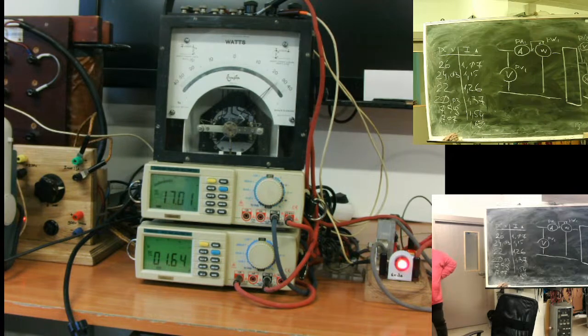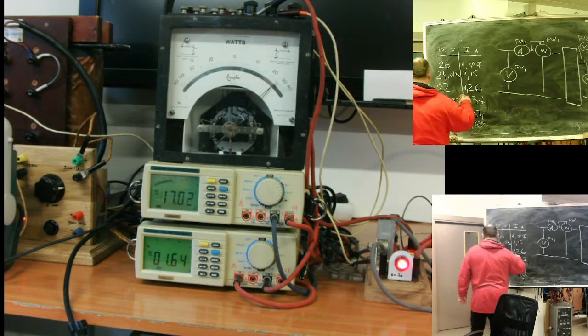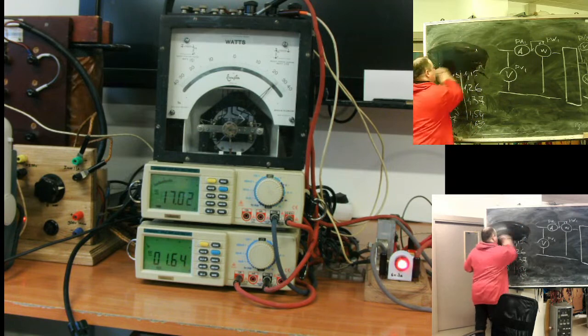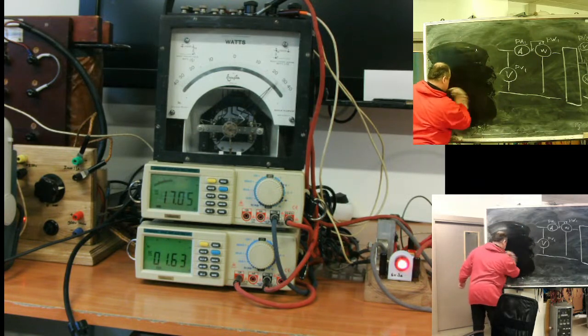A decrease in voltage should decrease current. And here we see the opposite. What's going on? It's against Ohm's law. It's against the basics of electrodynamics, isn't it? Something is wrong here.